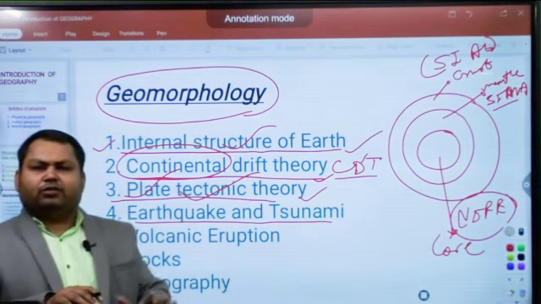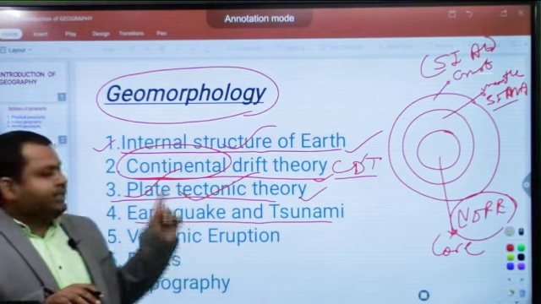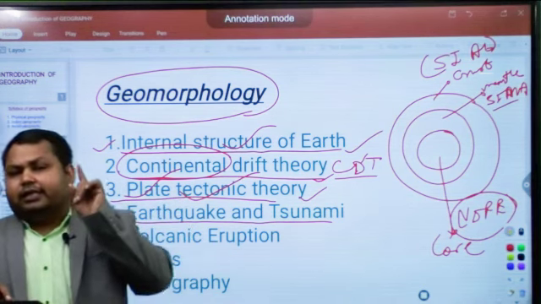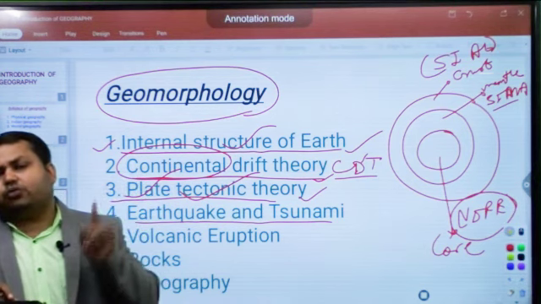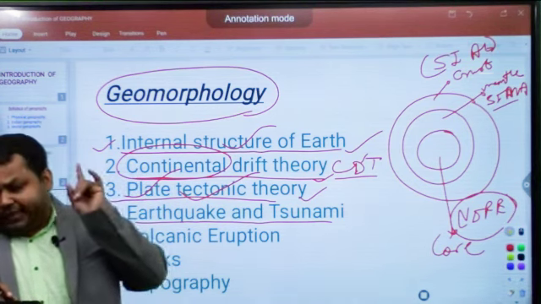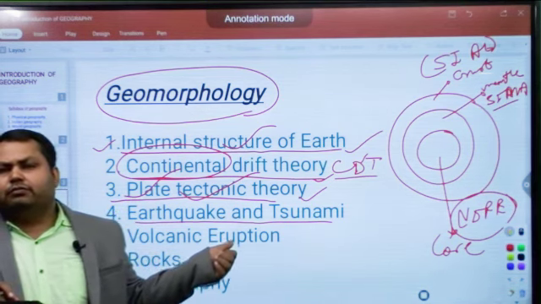At least igneous rock you will be able to understand while you understand plate tectonics. So, the plate tectonics chapter is also very necessary to understand by the students, and in examinations UPSC asks questions based on plate tectonics too. Right?